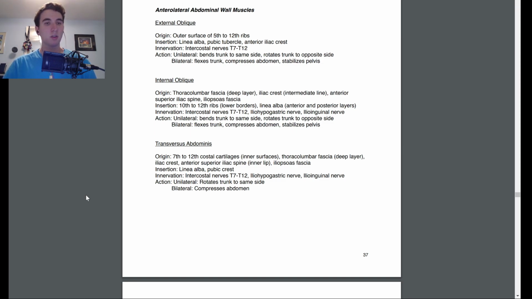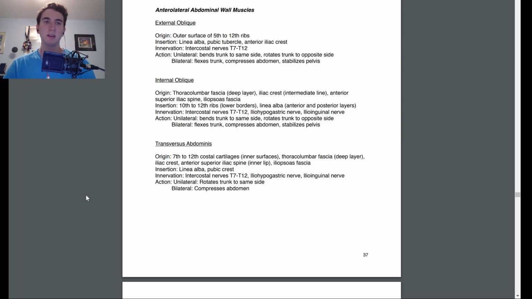For the internal oblique, which is our next muscle, it originates at the thoracolumbar fascia, the deep layer, the iliac crest, the intermediate line, and the anterior superior iliac spine, and the iliopsoas fascia. It inserts at the 10th to 12th ribs, the lower borders, and the linea alba, the anterior and posterior layers.